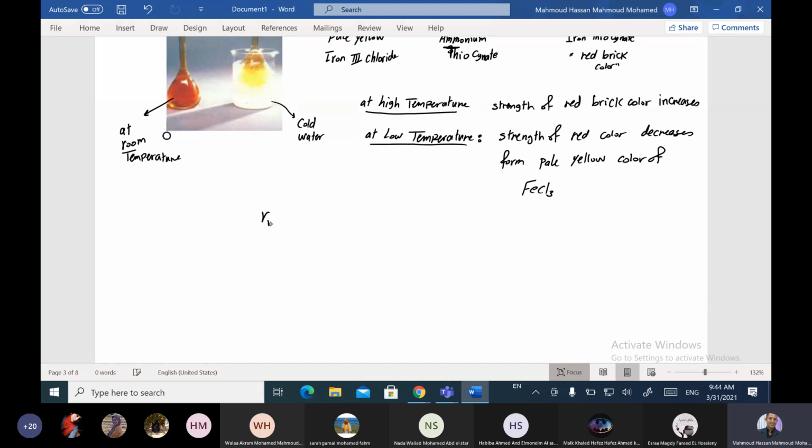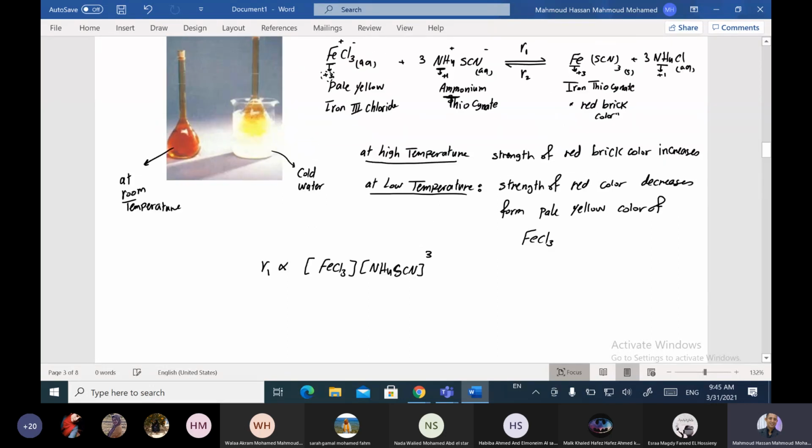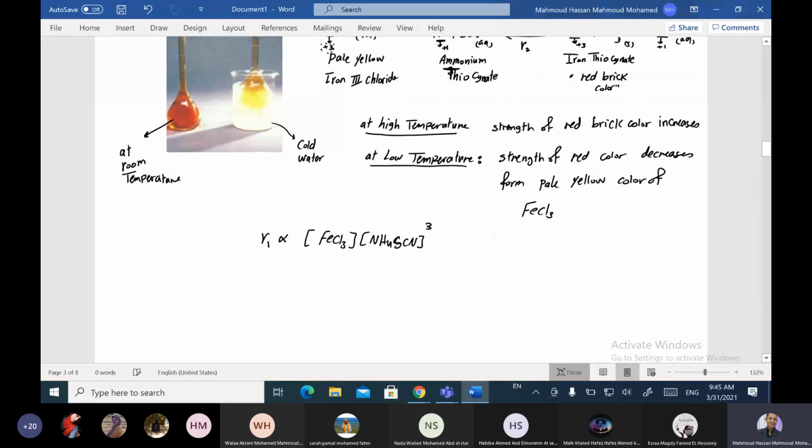Rate 1 is directly proportional to the concentration of the reactants FeCl3 and ammonium thiocyanate NH4SCN, but raised to the power equal to the number of molecules from the reactions. We raise the concentration to the number equal to the number of molecules.